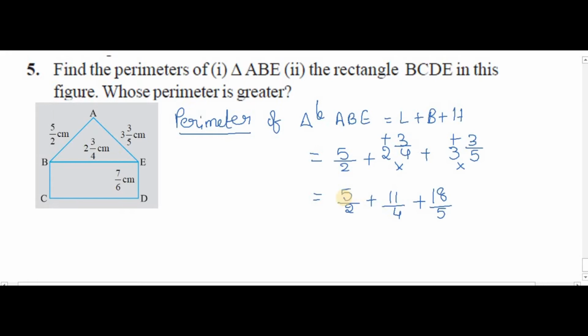Now I have to do addition for the unlike fractions. Of course you all know that unlike fractions are fractions whose denominators are different. We can do addition or subtraction only for like fractions, but we can't do either for unlike fractions.